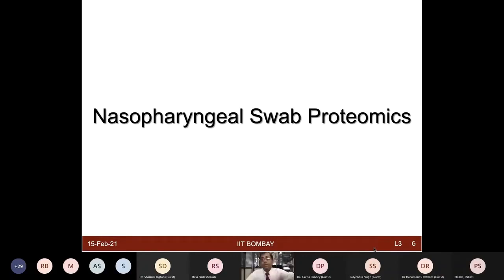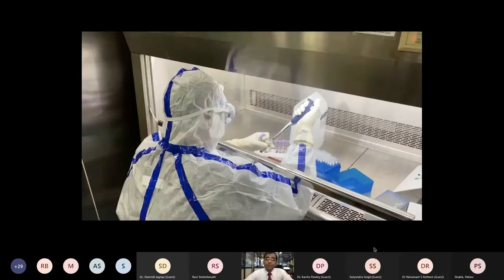So I hope that was brief, but it conveyed that the depletion step is very crucial for plasma analysis. And I must say that plasma is a very attractive sample to work with. But given the nature and the cost of these columns, it becomes quite prohibitive, because these are commercial kits.